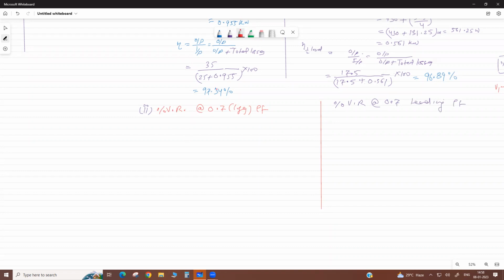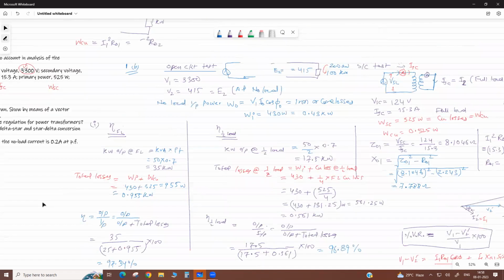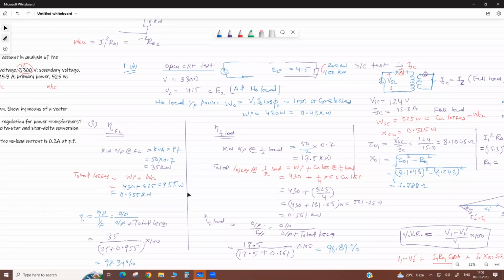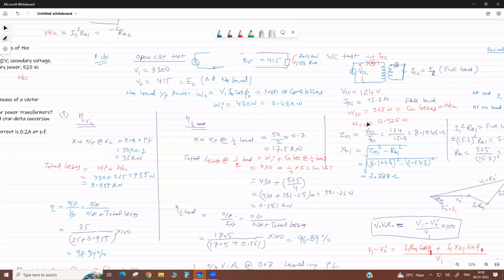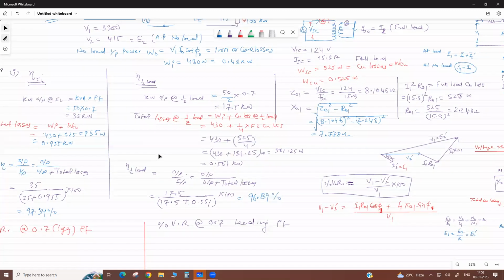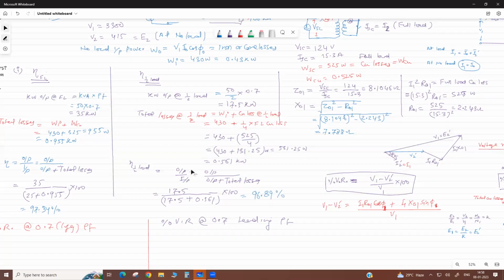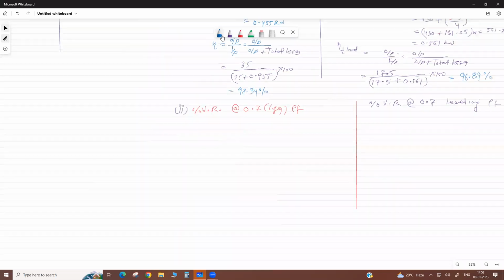My dear, here the power factor we consider because we have the parameters as referred to the primary side. We have calculated R01 and X01. This X01 is 7.788 and R01 is 2.243.